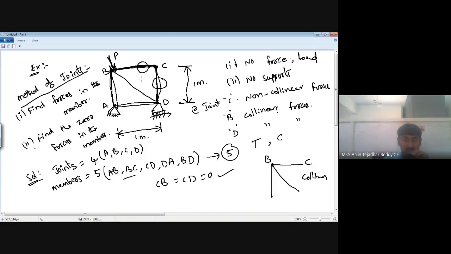From joint B to joint A, one more member is acting. From joint B to joint D, one more member is acting. Totally three members are acting at joint B, so that is called collinear forces. When your joint is collinear, then your member force is not equal to 0. We have to find the member forces here.